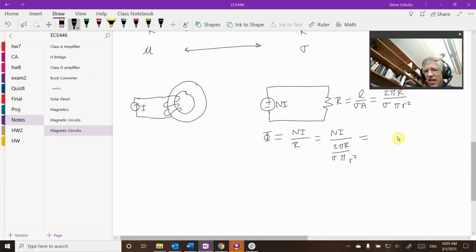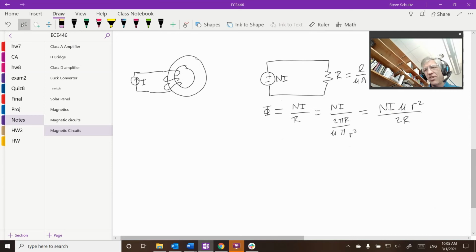Which is equal to Ni, oops, not sigma, mu, because these are magnetic circuits, not electric circuits. And then this is going to be mu r squared over 2R. Once I have my flux, I can calculate whatever I want.